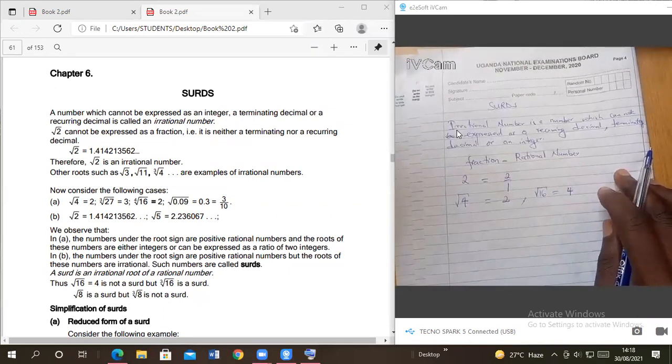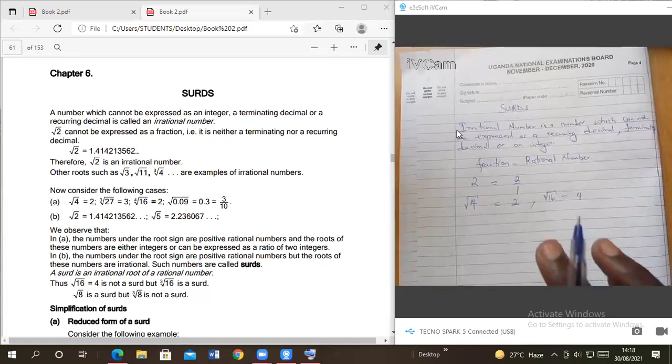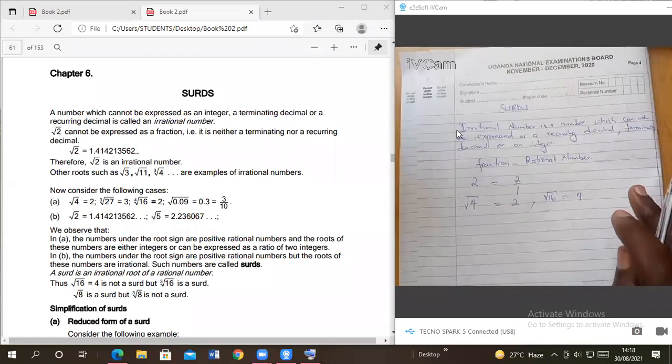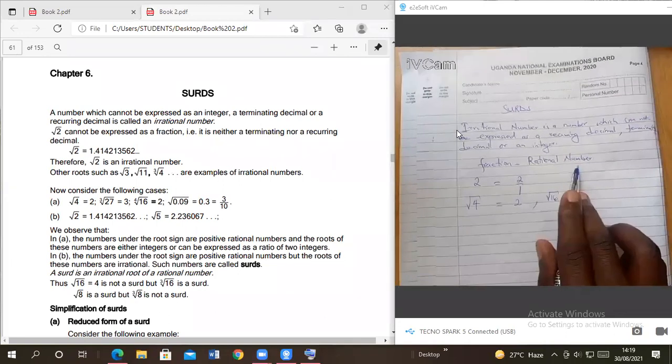So numbers which cannot be expressed as an integer, or as a terminating decimal, or a recurring decimal are what we refer to as irrational. But the ones which can be expressed as a recurring decimal, a terminating decimal, or an integer, those we refer to as rational numbers.